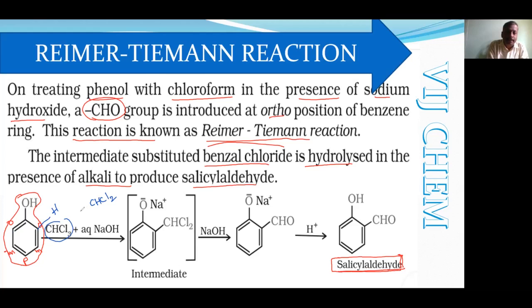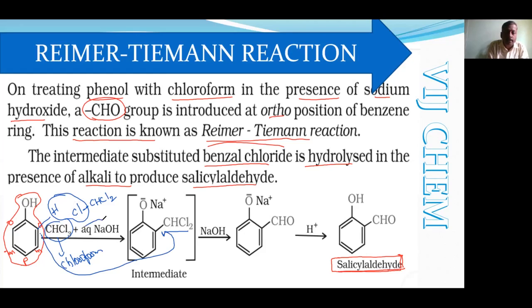CHCl3 is called chloroform. From the chloroform we are going to remove chlorine, and from the benzene we are going to remove hydrogen, so we are left with CHCl2. This I am telling you at the ortho position.